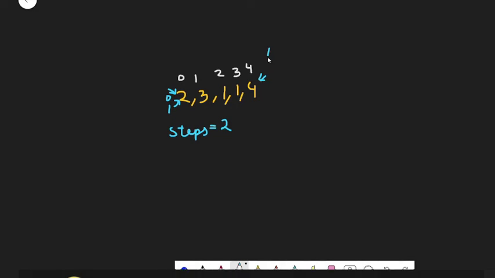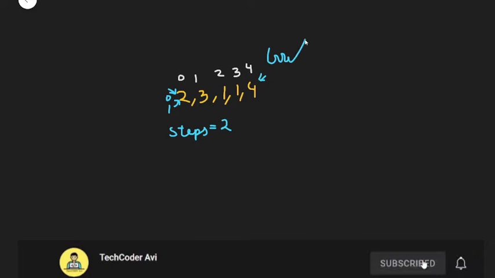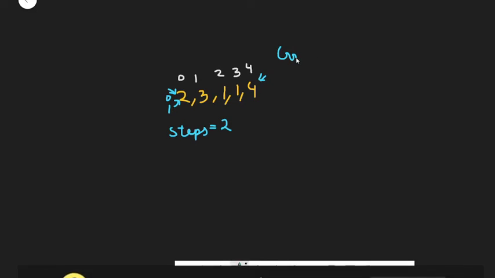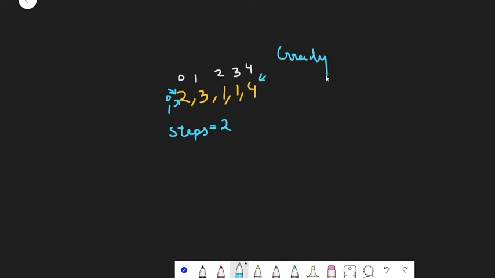Now over here we are actually trying to implement the greedy approach, right? In this greedy approach, what are we going to do? We need to make these steps as max as possible. So let's see how we can solve this problem using this greedy approach. Currently our I is over here.